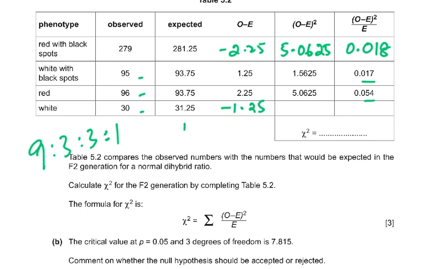And then O minus E whole square would be 1.5625. And then this would be 0.050. And this, of course, X square would be 0.139.